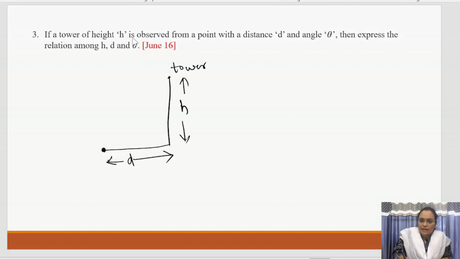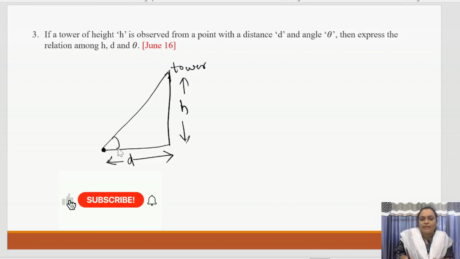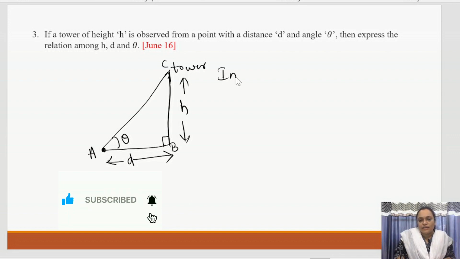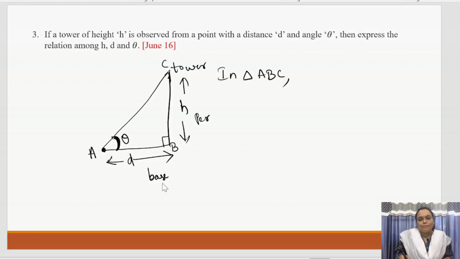The tower is observed from a point; from here, if you observe the tower, this will be the angle theta. In triangle ABC, with respect to this angle, this will be your perpendicular and this will be the base.